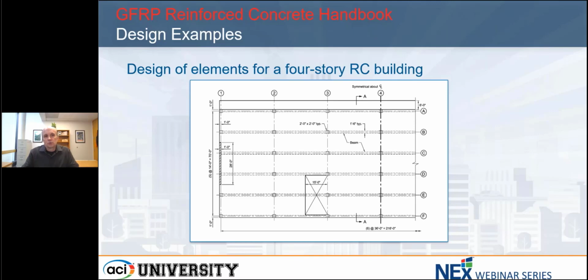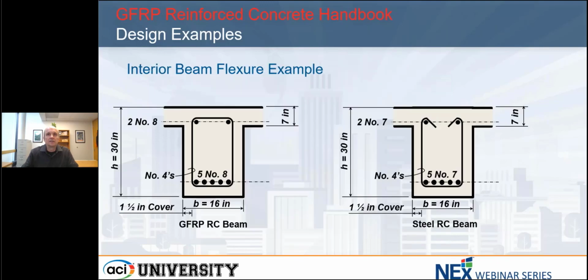The design examples were worked in conjunction with the MNL 17 examples so that you could compare what the design with a steel reinforced concrete beam looks like compared to a GFRP reinforced concrete beam. So if we look at one of these elements, like this interior beam, what we would find is that they look actually pretty similar in this case.